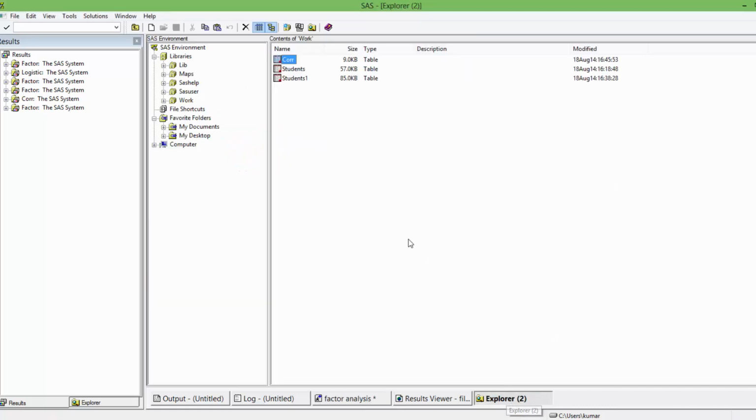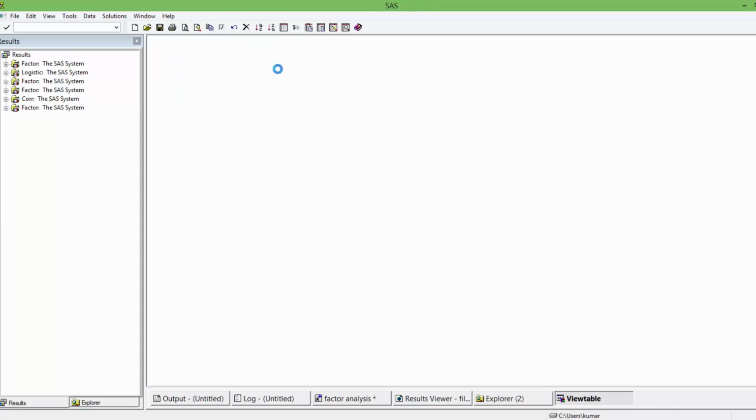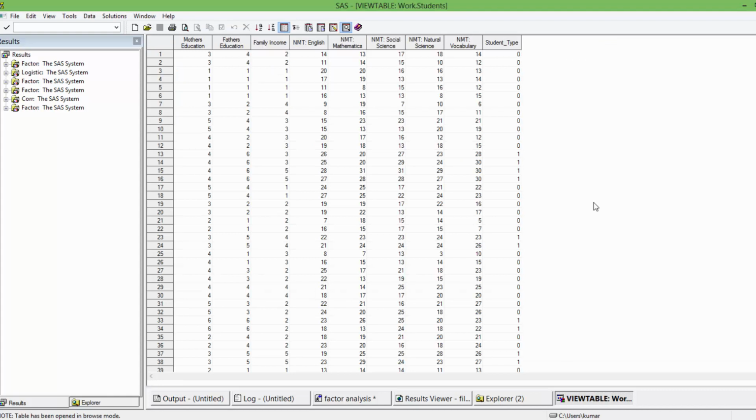To illustrate this particular topic, I'm going to use a data set. Let me show you the data set. The data set has information on school students.